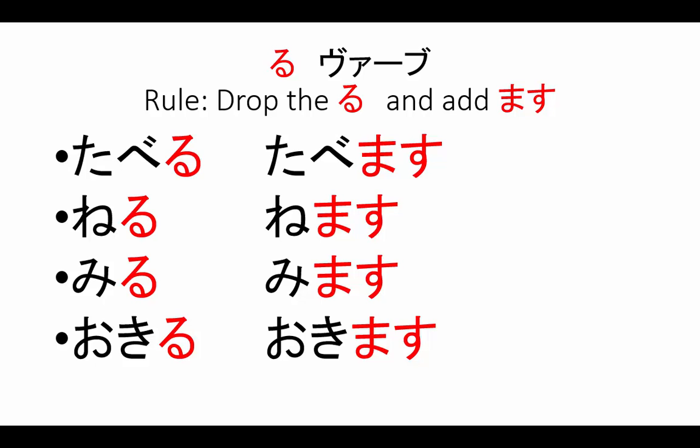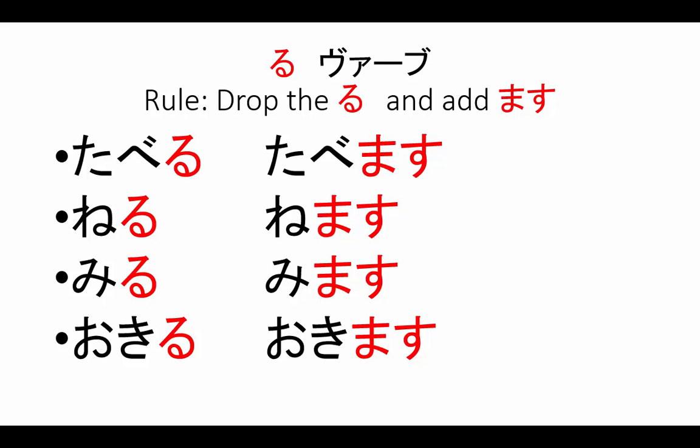So taberu is the dictionary form, which means that if you look up the verb to eat in a dictionary, it's going to show you taberu, not tabemasu. A conjugation chart will show you taberu, tabemasu, and tabemasen, but a plain old dictionary won't. It's just going to show you taberu and expect you to know how to conjugate it for yourself.